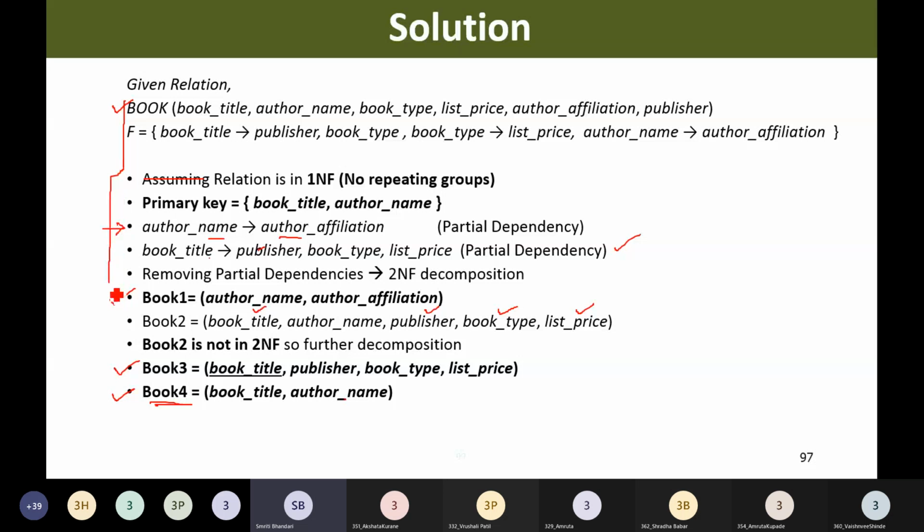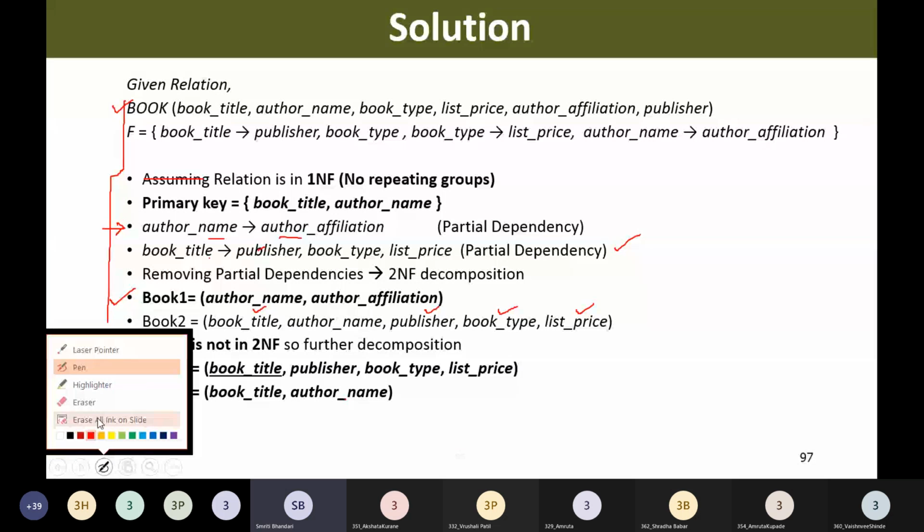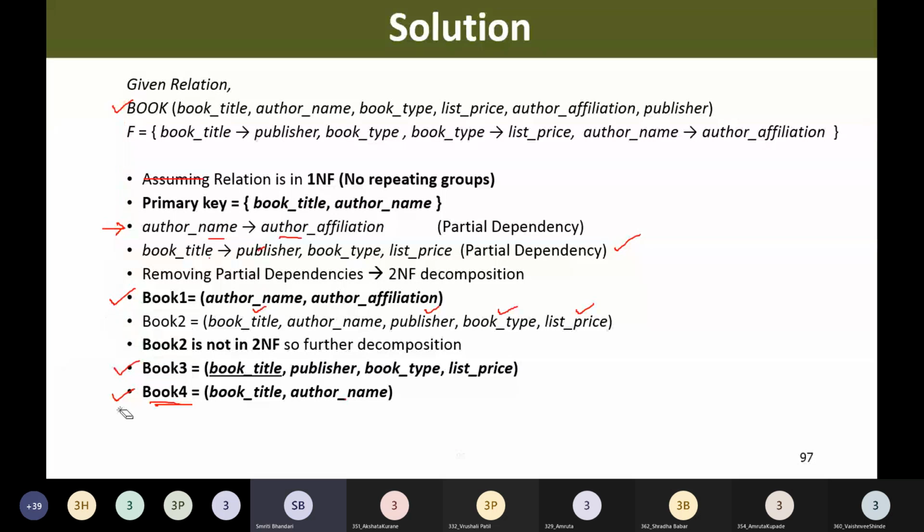So this original relation book, which was in 1NF, is now decomposed into 3 relations, and we have these 3 relations in our 2NF decomposition: book 1, book 3 and book 4. Do you agree with me? Yes.